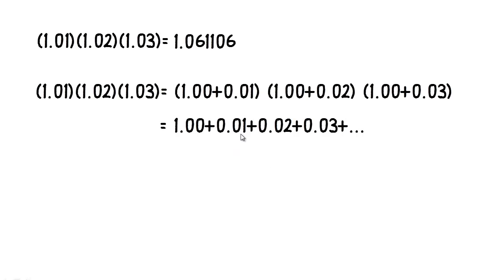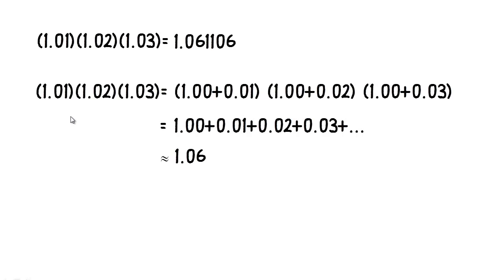I'm going to get a 0.01 from 0.01 times this, the 0.02 from 1 times 0.02 times 1, the 0.03 from 1 times 0.03, and I'm going to ignore all the other terms, because I know all the other terms are going to involve multiplying at least two small numbers, like 0.01 times 0.02 times 1, and all these numbers are going to be small compared to these three numbers, and that allows me to conclude that the answer is about 1.06.